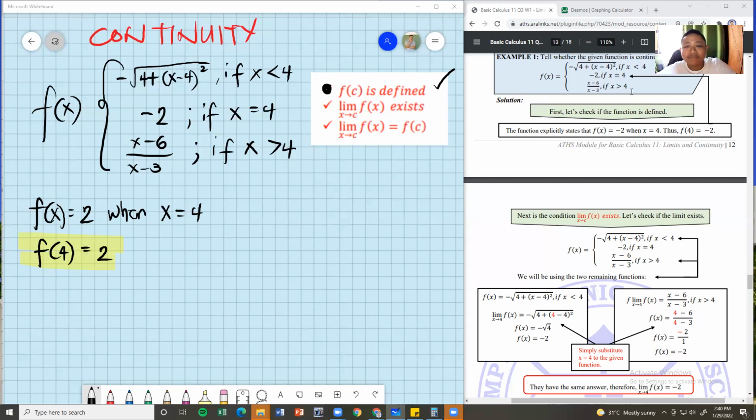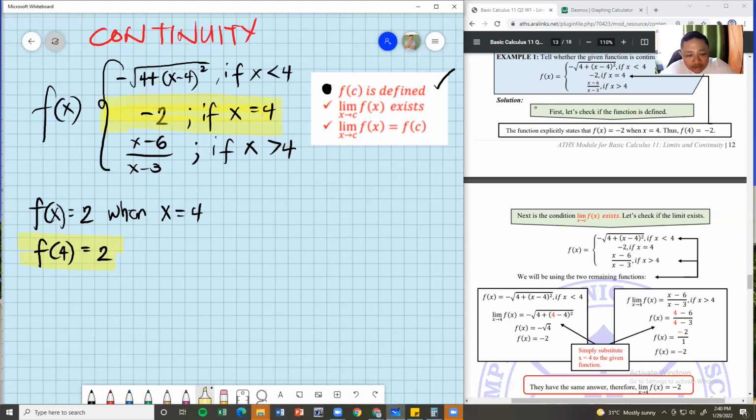Got it? Next. Next one is to check if the limits for f of x exist when x approaches c, which is 4. Can you follow? So therefore, okay na tayo dito. Ito kasi, the second one, the second function was used to define the f of c.